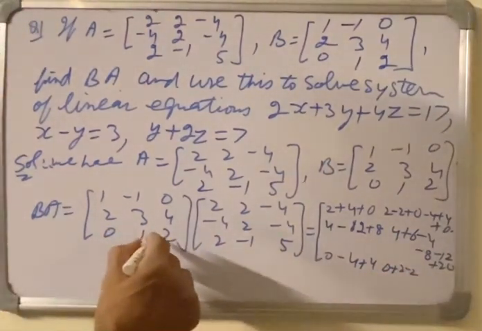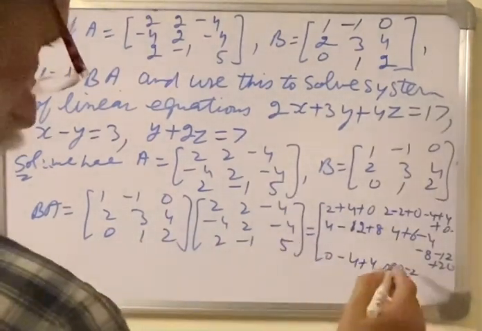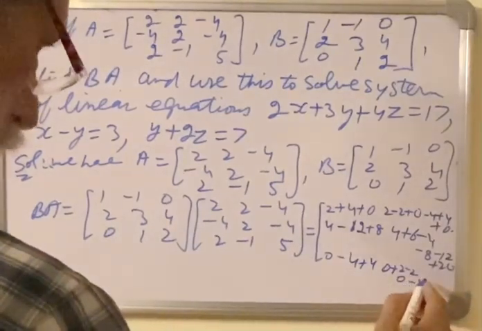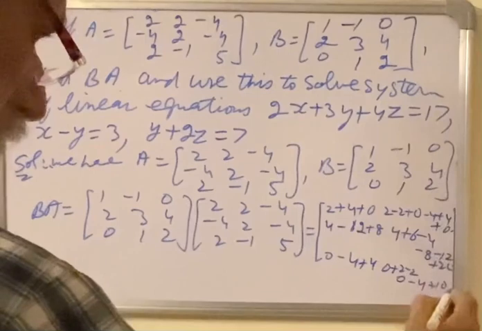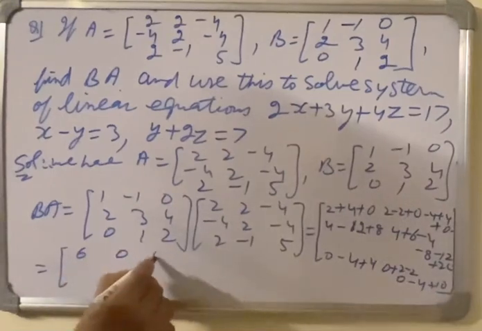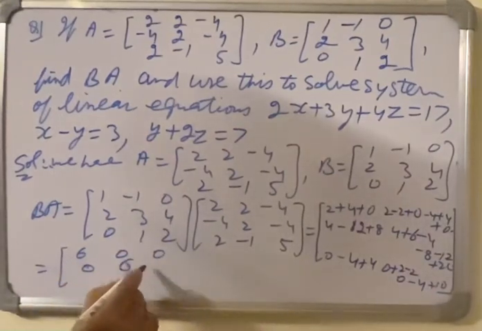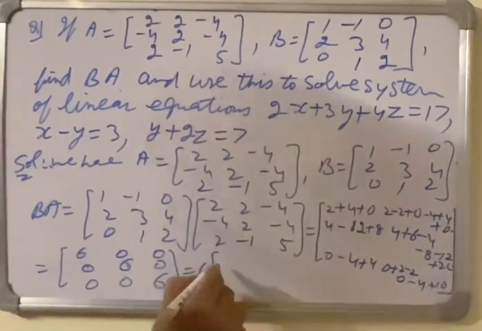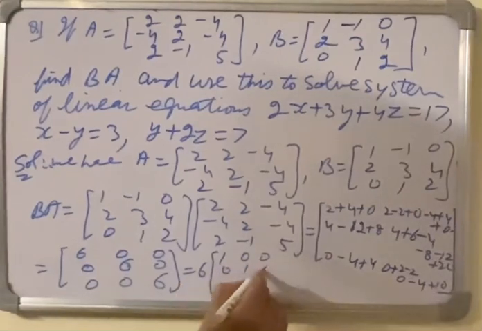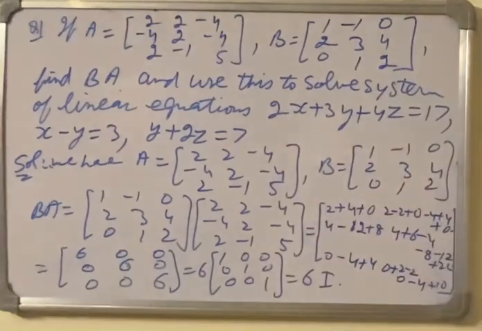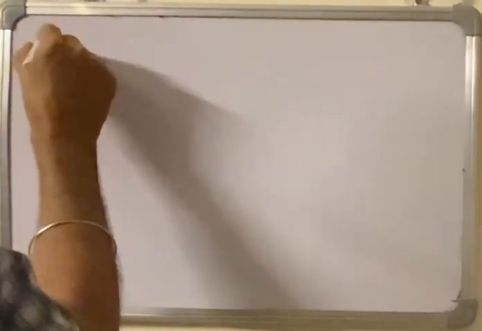Then third row with third column: 0 minus 4 plus 10, is equal to [6, 0, 0; 0, 6, 0; 0, 0, 6], which is equal to 6 times [1, 0, 0; 0, 1, 0; 0, 0, 1], which is 6I. Therefore, BA is equal to 6I.